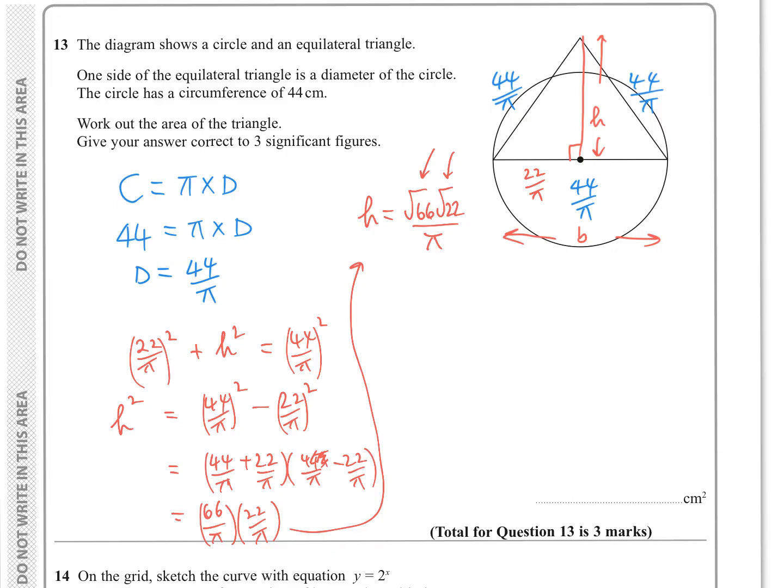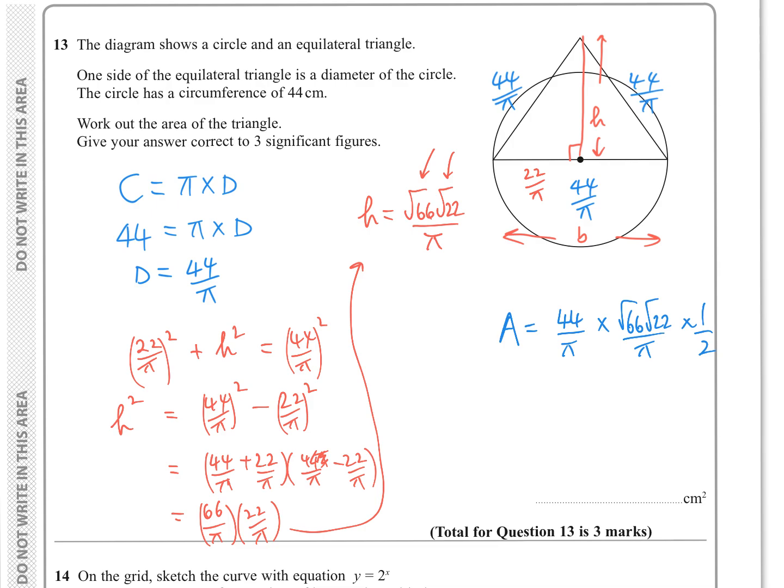So there's h. So the area is going to be the base of the equilateral triangle, which I've got as 44 over pi, times the height, which I've just worked out, and then I'm going to halve it.